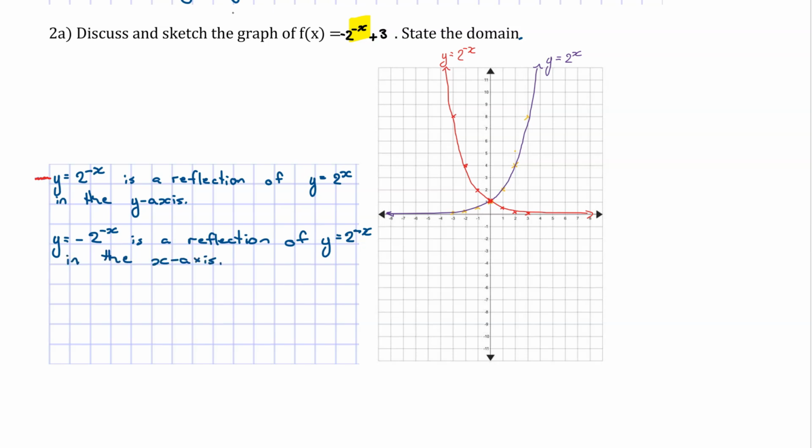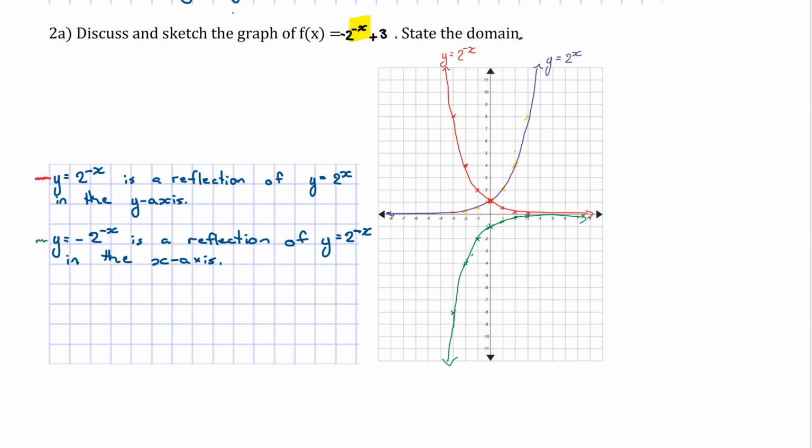We'll do this one in green, that's a nice easy color to see. This red function is going to be reflected about the x-axis, so it's going to look something like that.